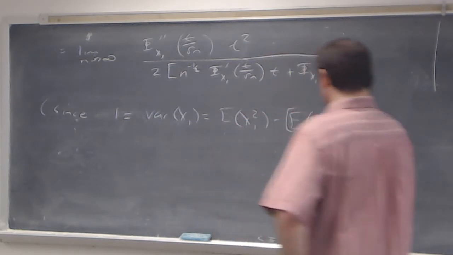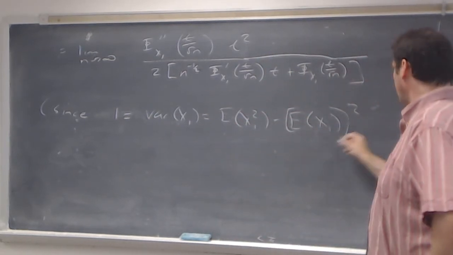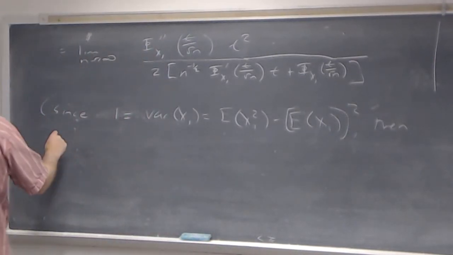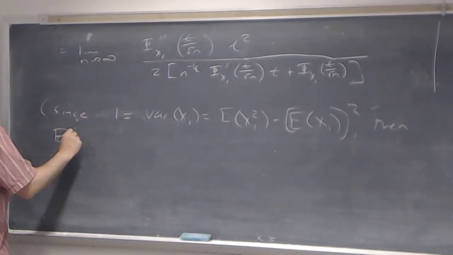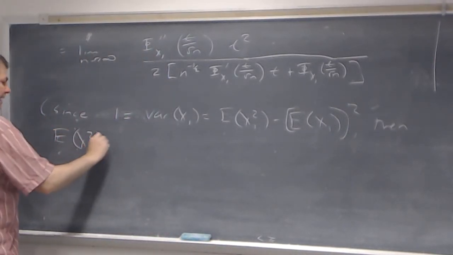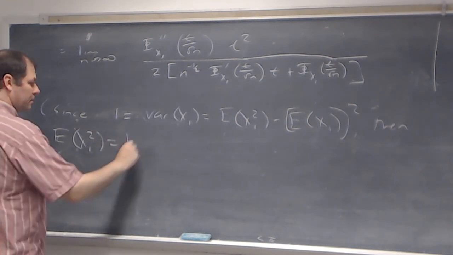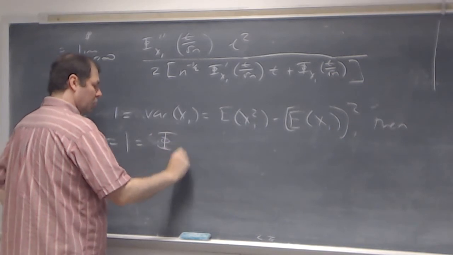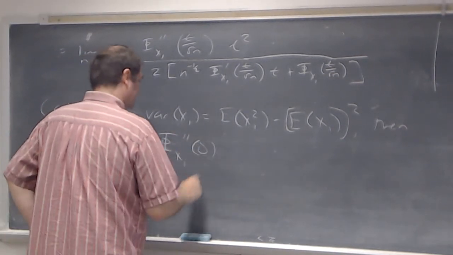And the expected value in this case of x sub 1 was 0. Then we have that the expected value of x sub 1 squared has to be equal to 1, which is the same thing as phi sub x sub 1 double prime evaluated at 0.